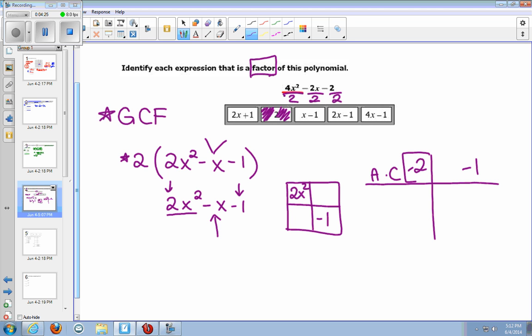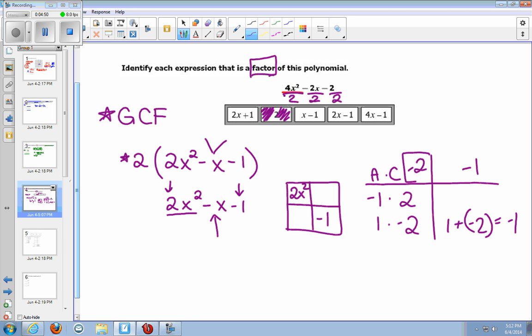Okay? So factors of 2 are just 1 and 2. Factors of -2, however, can be -1 and +2, or +1 and -2. Now, of those 2 options, obviously the second one is the only one that's going to add up to be -1.